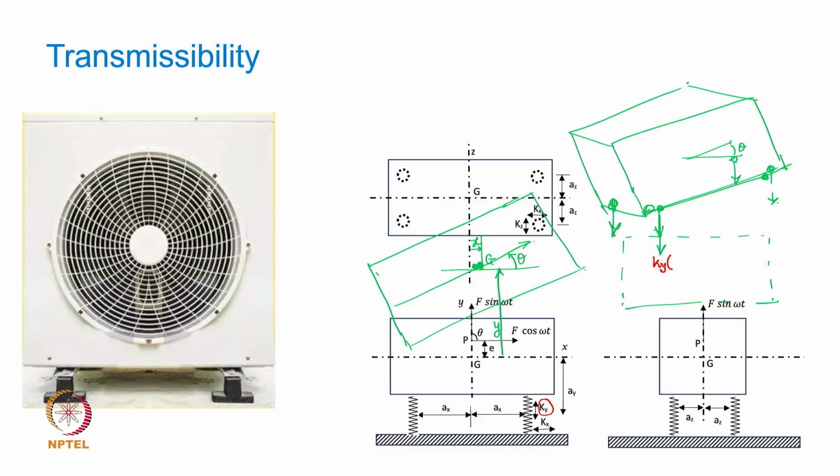Vertical motion y, but the tilt will reduce it. So this is going to be y minus what? Ax into theta, because if this is tilted by an angle of theta, the stretch here will get reduced by this distance. So minus Ax into theta.